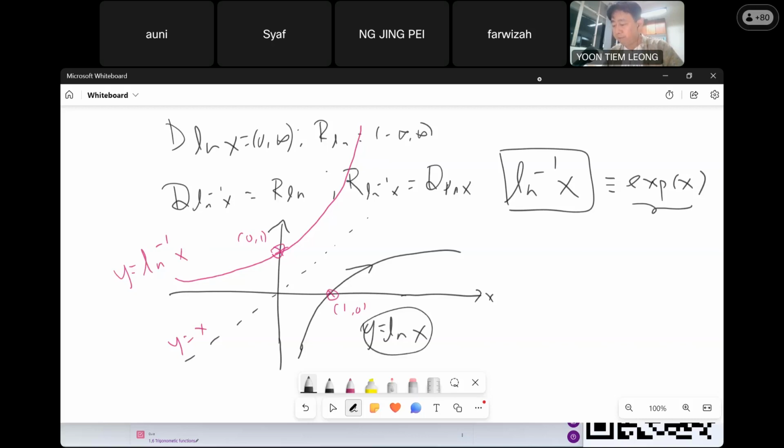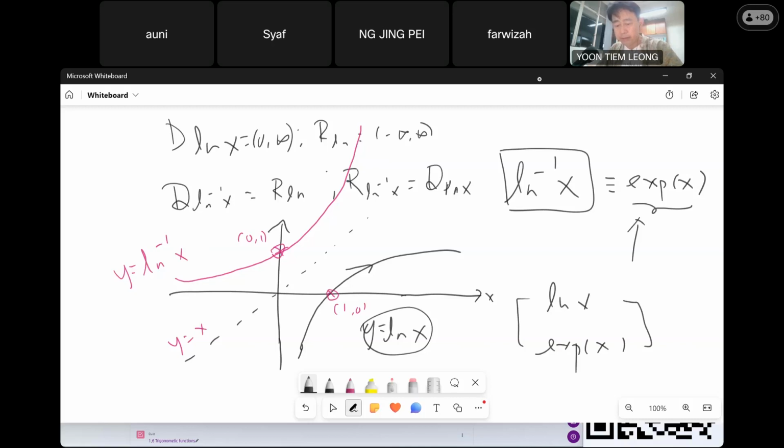Then after we defined the logarithmic function, we obtain its inverse. The inverse of the logarithmic function, which is the exponential function, exists because the logarithmic function exists. So this pair, the logarithmic function and the exponential function, always comes in a pair.